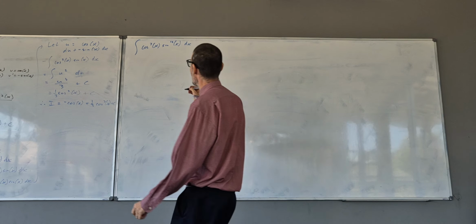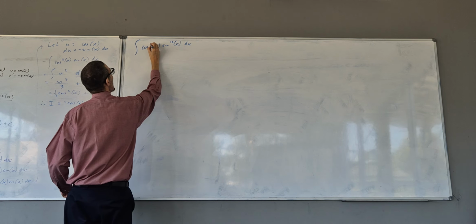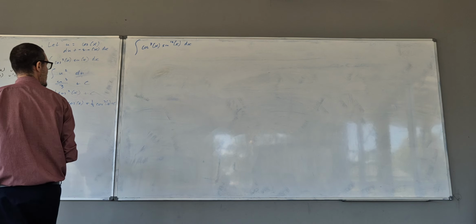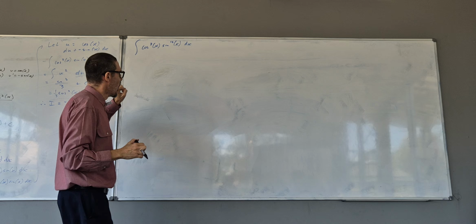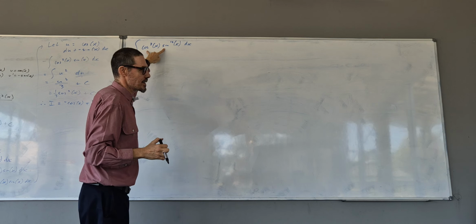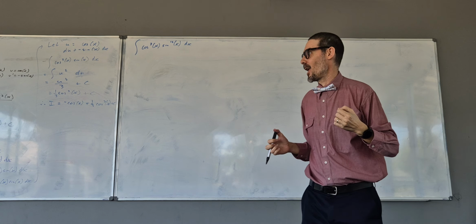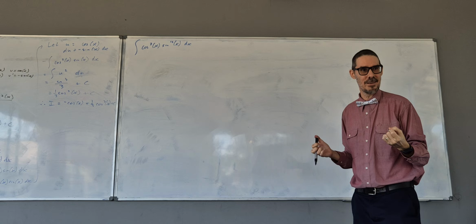Expecting it to be a cube, it's not very clear. Cos cubed x, sine to the 10th x. You split up the cos in the same way, but then I'm going to, yes. Why though? I've got a cos and a sine in it. Ideally, I'd like to use substitution.